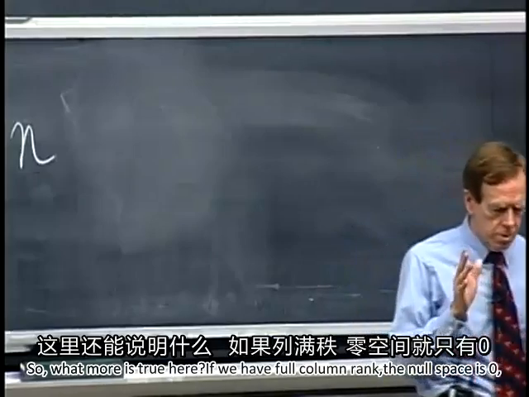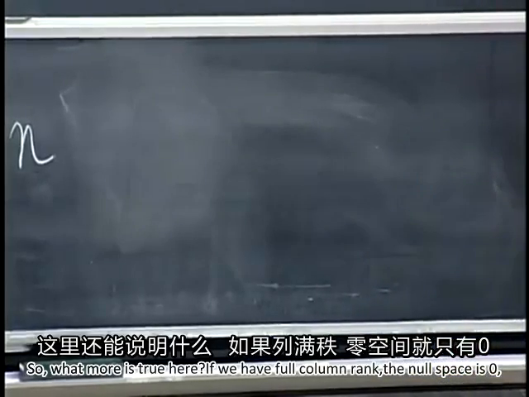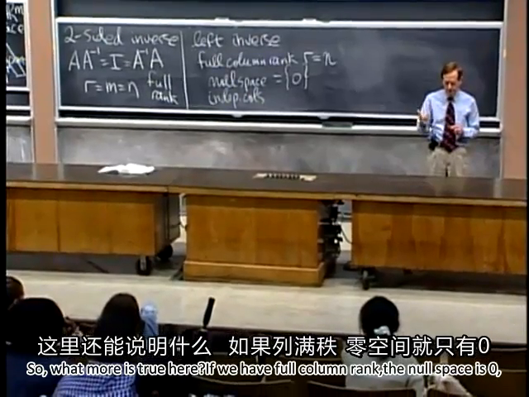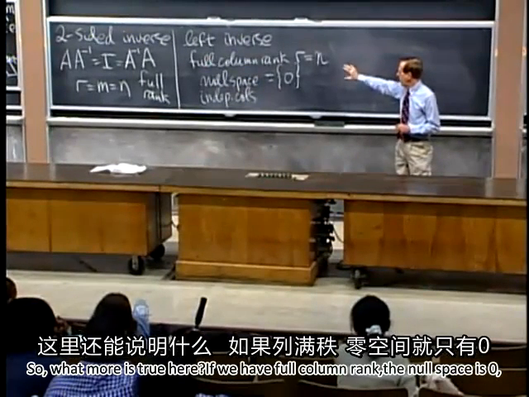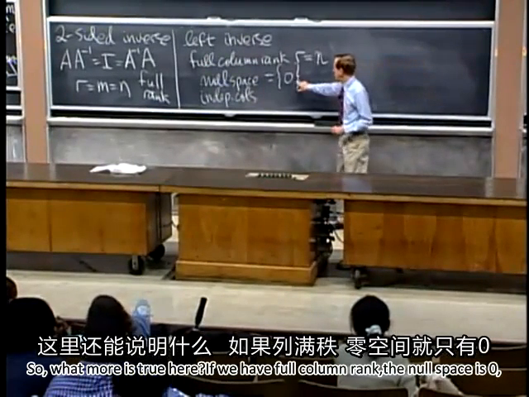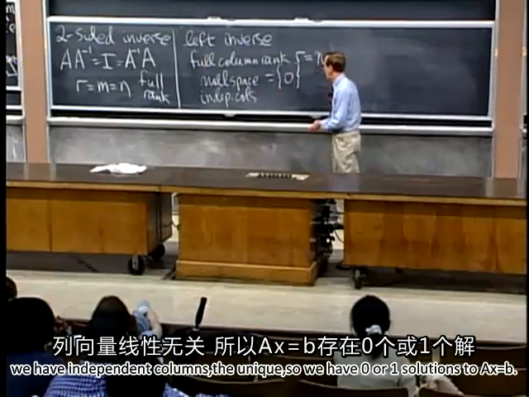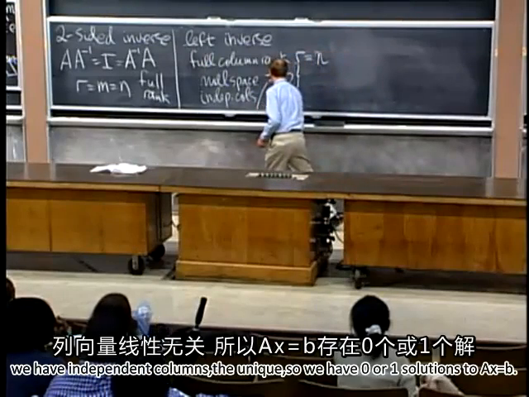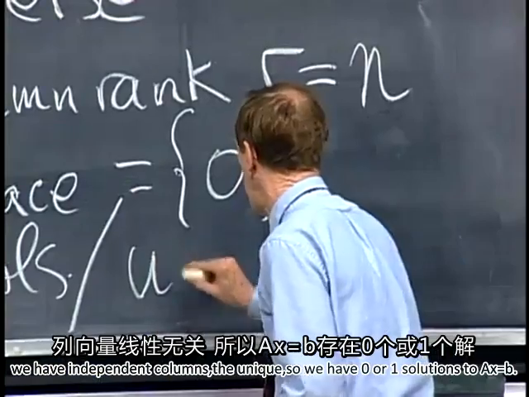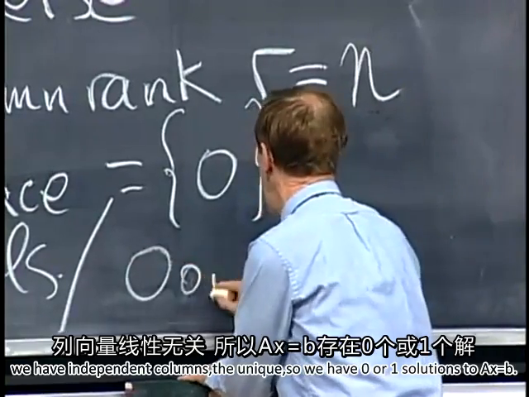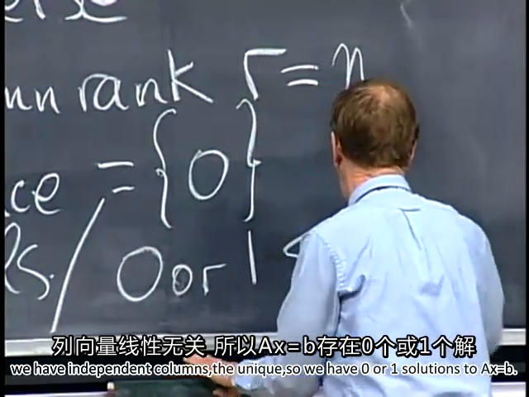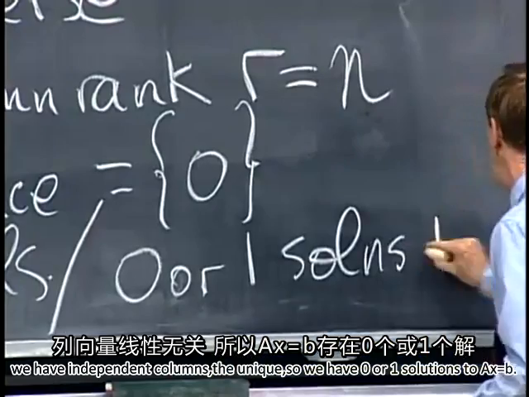So what more is true here? If we have full column rank, the null space is 0. We have independent columns, so we have 0 or 1 solutions to Ax = b.